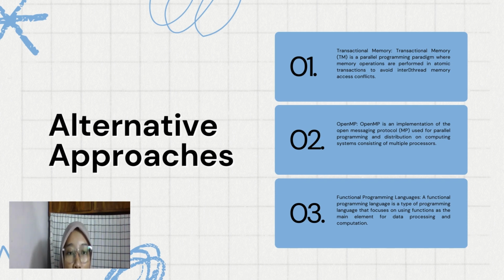The second one is OpenMP. OpenMP is an implementation of the Open Multi-Processing API, or MP, used for parallel programming and distribution on computing systems consisting of multiple processors. And the third one is functional programming languages. A functional programming language is a type of programming language that focuses on using functions as the main element for data processing and computation.